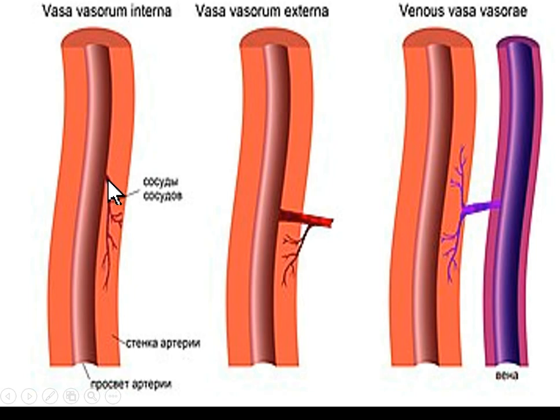Internal are from this artery, and external from another nearby artery. Venous vasa vasora are tributaries from the veins which collect the venous blood from the walls of the artery.